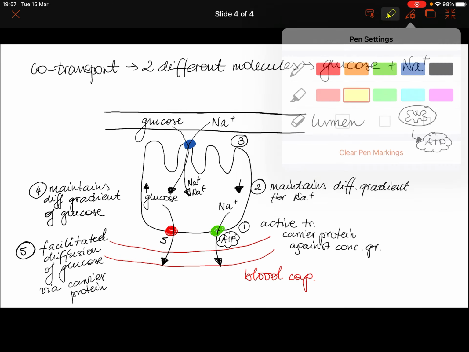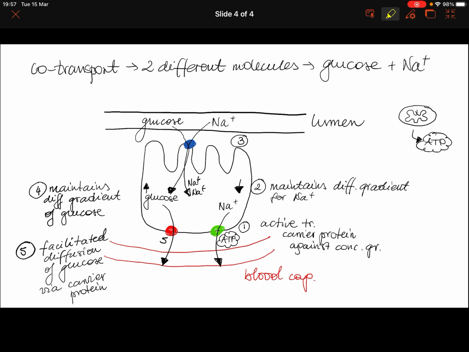To start our process one more time, we've started with the active transport of the sodium ions from the epithelial cell into the blood capillary, and this process, it's an active process, hence requires carrier protein and ATP going against the concentration gradient. Taking sodium ions away from the epithelial cell lowers the concentration, hence maintains the diffusion gradient for sodium ions.